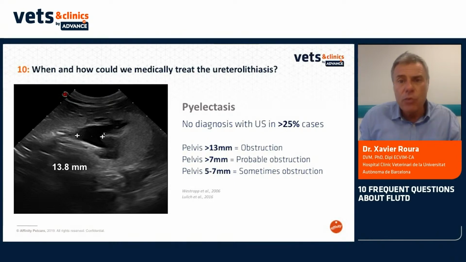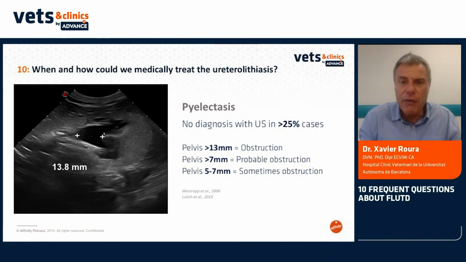But we need to remember that in more than 25% of the cases, we cannot diagnose an obstruction with abdominal ultrasound alone. So we probably need to do an early diagnosis, thinking about potential obstruction with urolithiasis when the pelvis is still not very dilated.